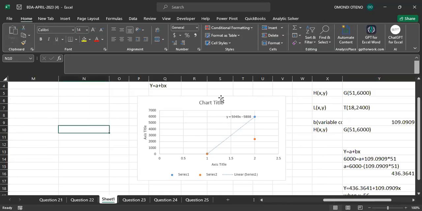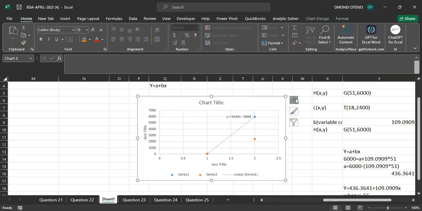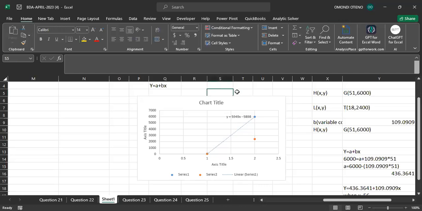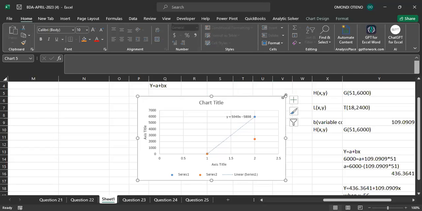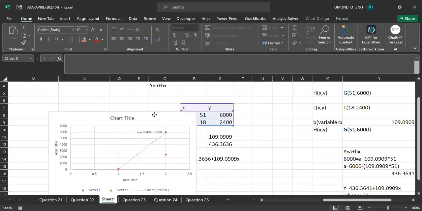You just place your cursor on that chart for you to be able to see it displayed here. It must appear, unless you are using the oldest Excel version. If you have the oldest Excel version, find 2021. Is that clear?